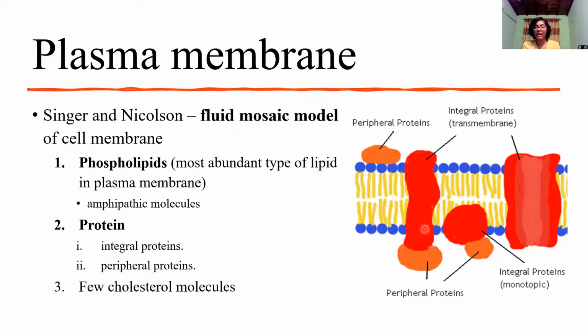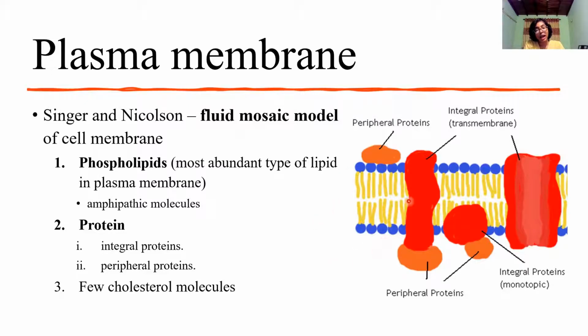These proteins are like a mosaic. In the sea, it's like an iceberg. You can find these proteins. So it's easy for you to keep this in mind. The fluid is phospholipid, and here and there you find this mosaic, which is known as protein. So talking about phospholipids, here you can find the phospholipid.